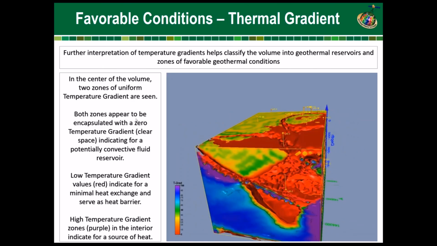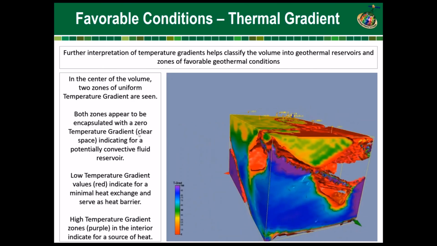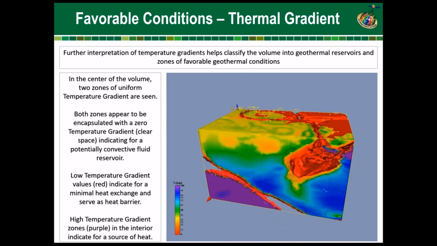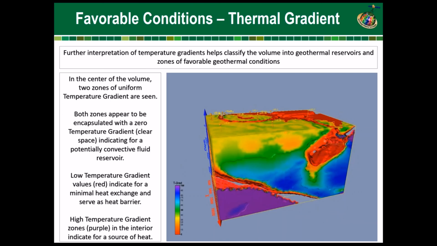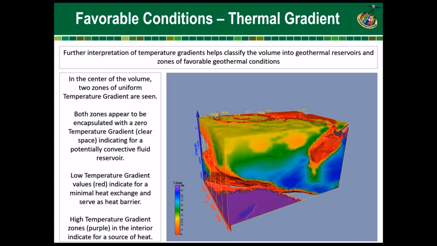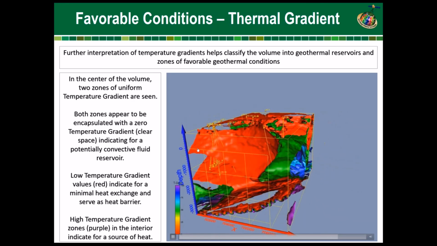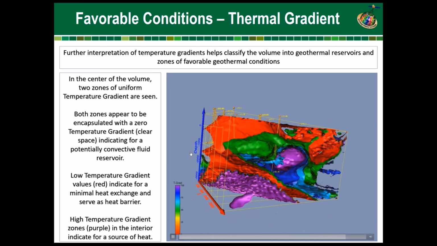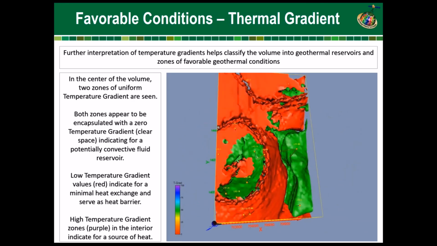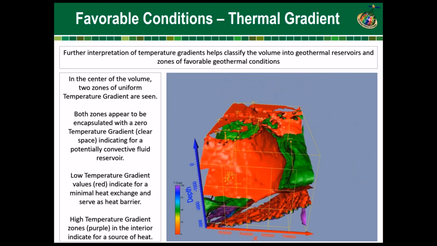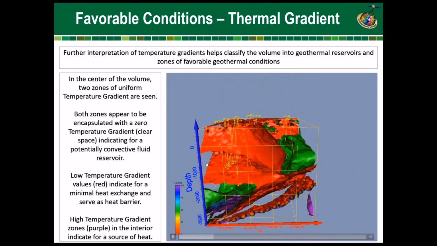Both zones appear to be encapsulated with a zero temperature gradient, which actually is clear space for the purposes of good graphical representation. Both of these zones, and especially this zone right here, are shown with a zero gradient, indicating a potentially convective fluid reservoir. Convective versus conductive. This one, in our opinion, is convective.